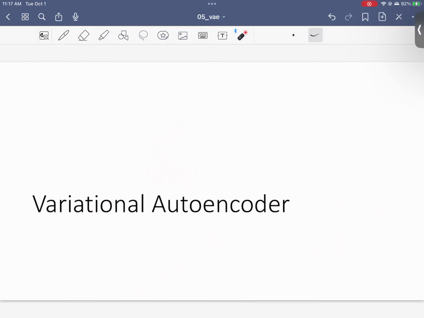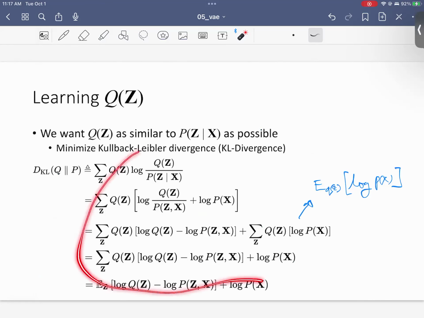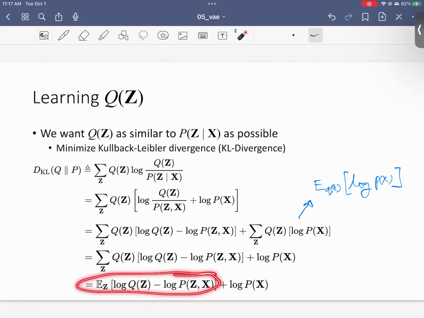Throughout the derivation, we figured out that log P(X) is fixed, so we can instead maximize this so as to minimize this, which was our true objective. So that's the whole setup. We're going to maximize ELBO instead of minimizing DKL.